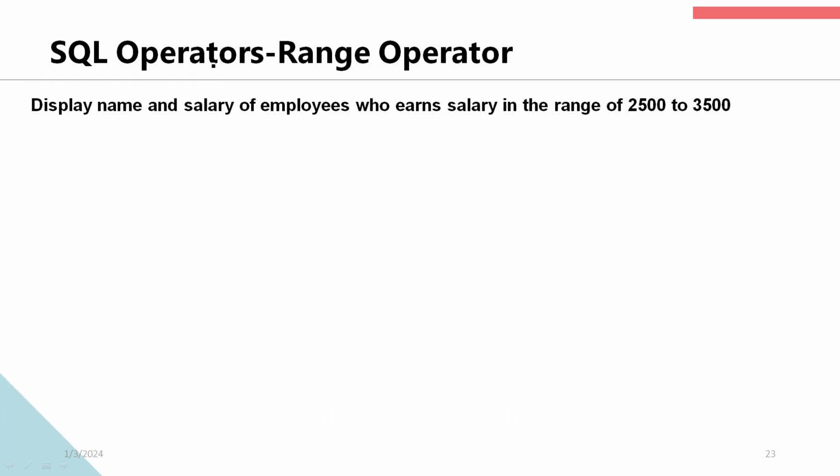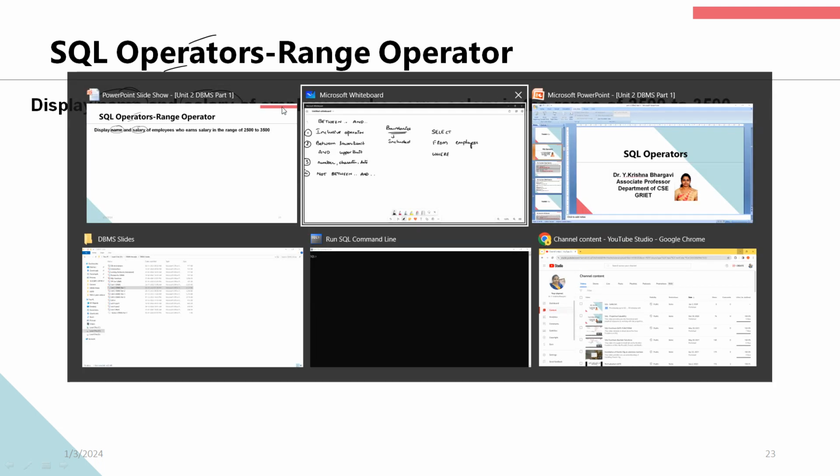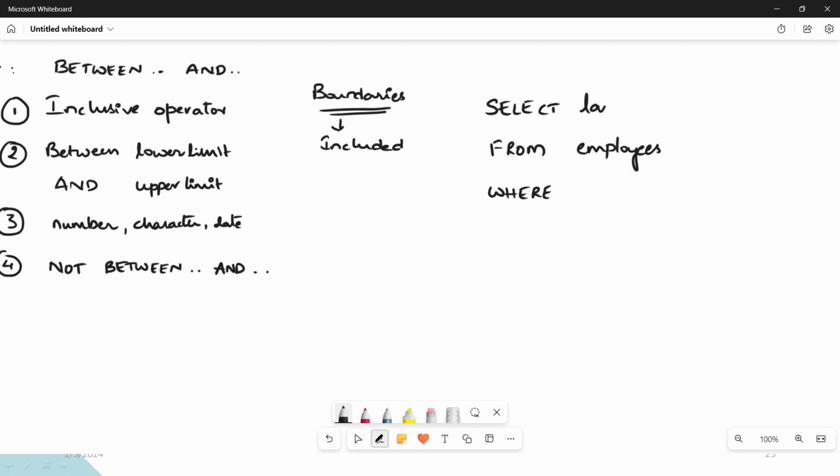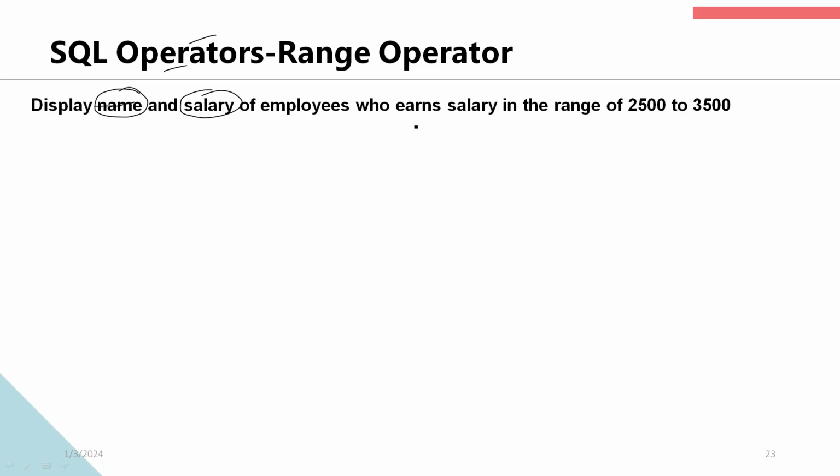In the select clause, mention the attributes, what data you want to retrieve. So here we have name and salary. So mention them here, last name, comma, salary. Where, what's the condition? The salary should be in the range of 2500 to 3500.